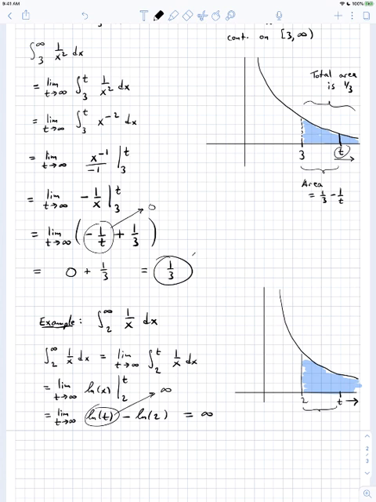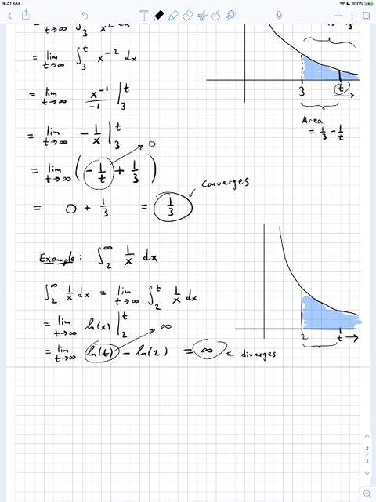So the first one that we looked at, this one converges. And the second one, this one diverges. This integral diverges. So once again, we mentioned this in the last video, but let's write it down as a remark.